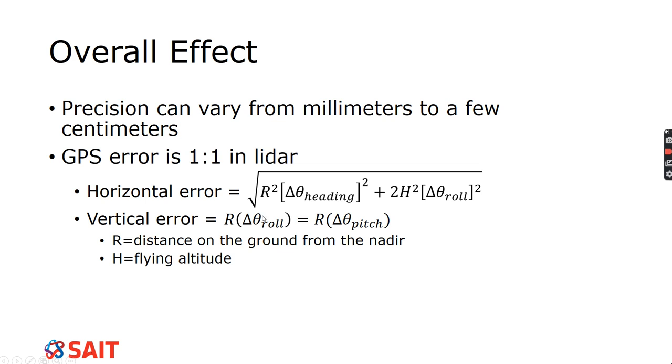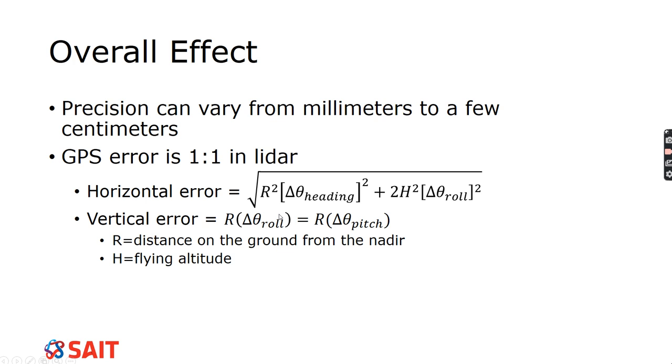And then the vertical error is directly related to the distance on the ground from the nadir and the roll or the pitch. So you can calculate them equally. You can use either or. Usually we'll use the greater of the two if they're coming up differently. But the vertical error essentially should be 0 at the nadir, which should make sense.